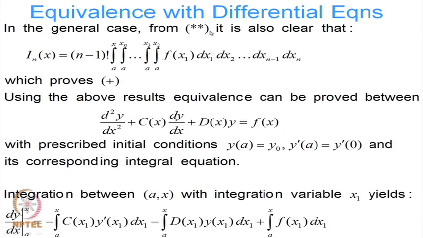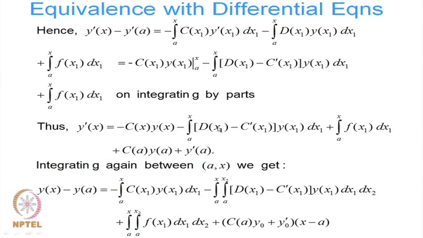So I had to integrate that term by parts, because this term involves a derivative of y, but this term does not involve any derivative of y, so I do not need to integrate it at all, right.